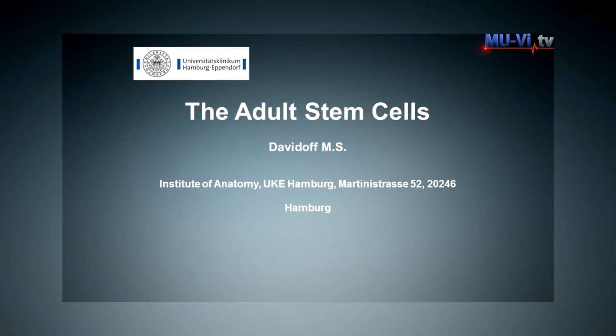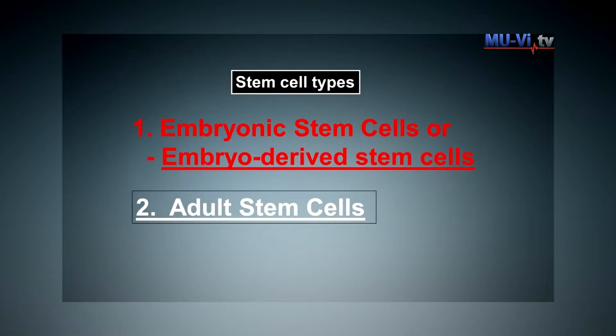The actual study: one, the embryonic stem cells or the embryo-derived stem cells, and the second group are the adult stem cells. I would like to talk about this group of cells.